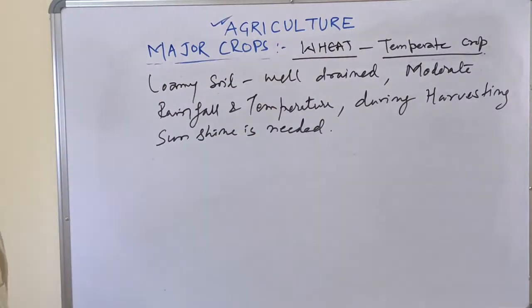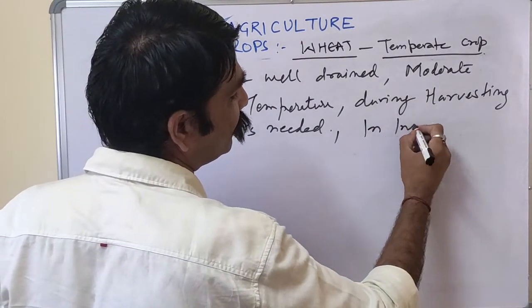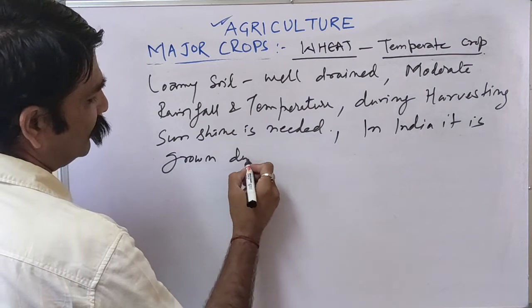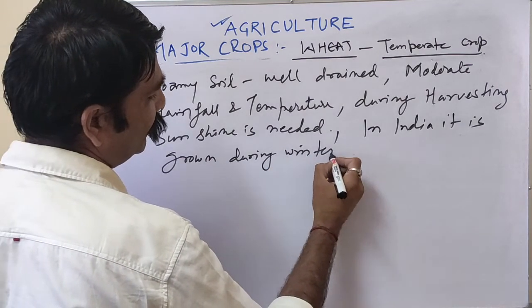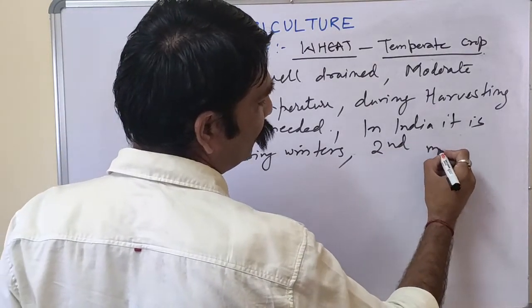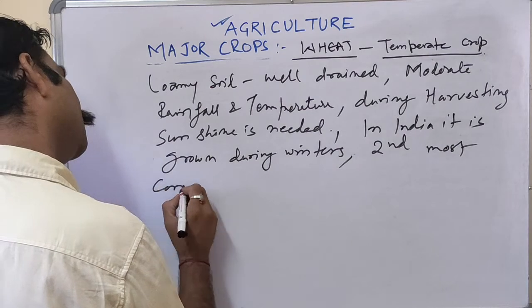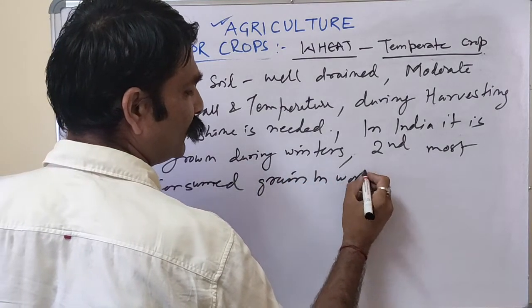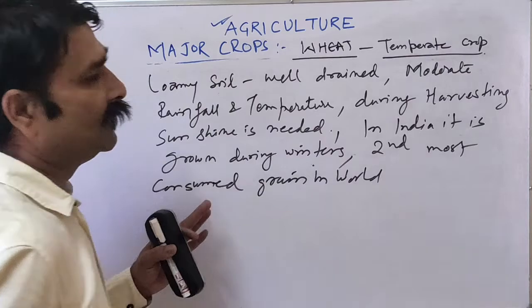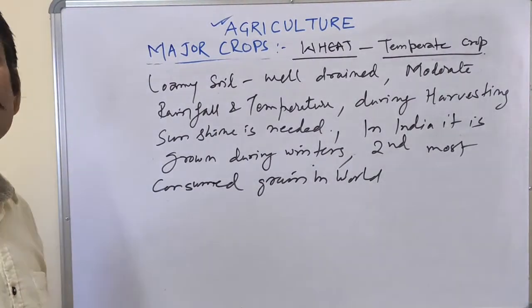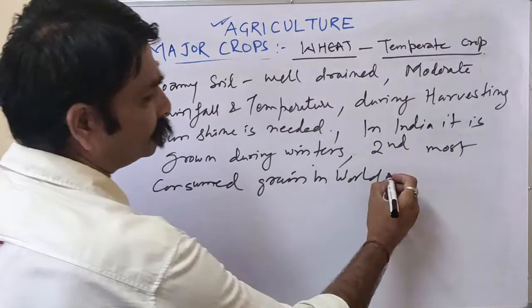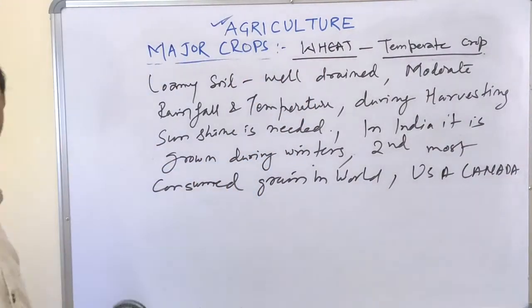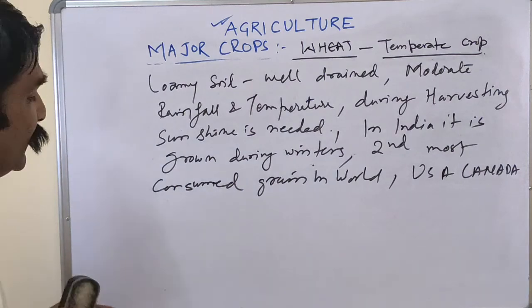Okay, these things I have discussed. Now wheat is grown in large amounts in USA, Canada, Argentina, Russia, Ukraine.